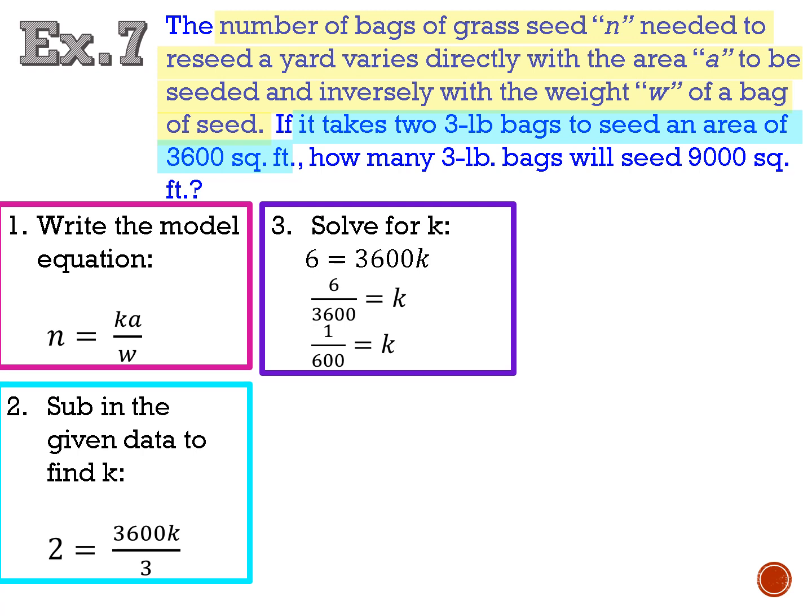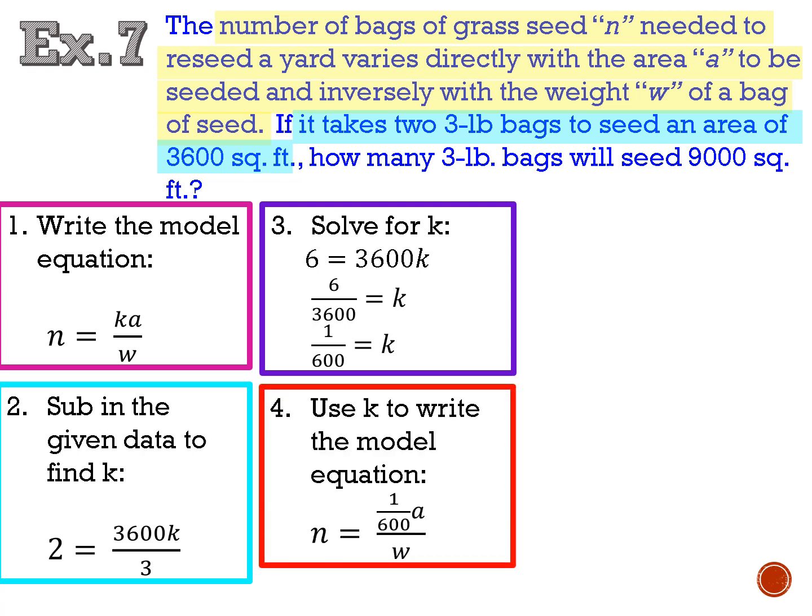Now, we're going to use K to write the model equation. So, that means I take K, I sub it in, but I leave N, A, and W as variables. And that would become 1 over 600 times A over W. If you're doing a word problem like this, you don't have to mess with that.